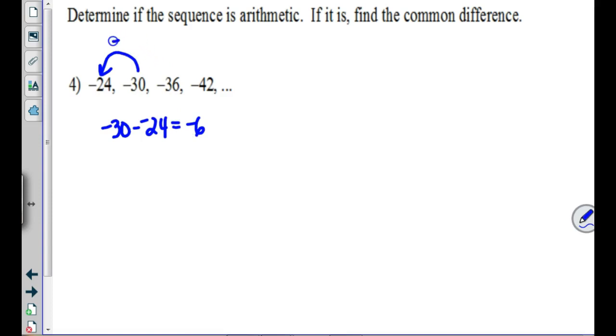Okay, so they subtracted 6, subtracted 6, subtracted 6. We're all good? So you say, yes, it's arithmetic, and the difference is negative 6. Does it make sense that we didn't do negative 24 minus negative 30 because we'd get positive 6? And then they're not adding 6.